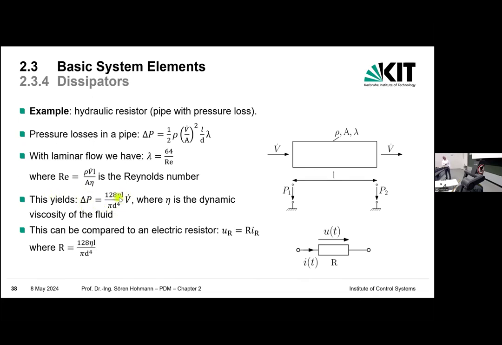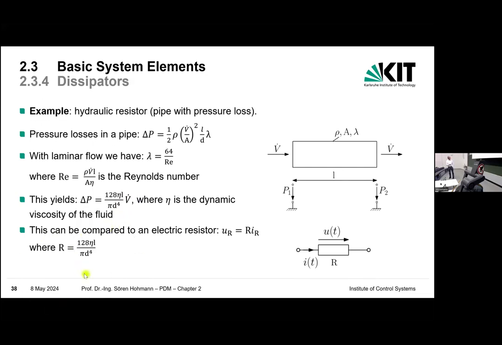You find geometric constants, obviously not similar, because it's a different physical object, and there's something corresponding to the viscosity in liquids. So, of course, if you have honey, it's different to water.